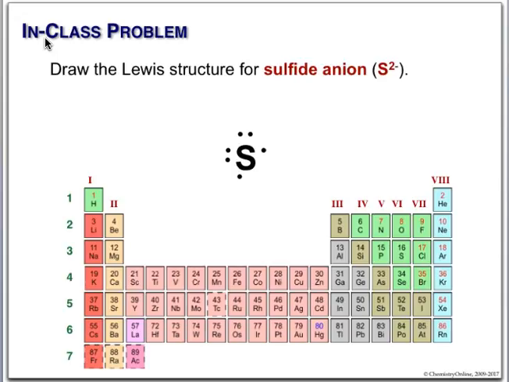Now to make the dianion, -2, we simply need to add 2 electrons, don't we? This is sulfide dianion, -2. And what we've done is gone from sulfur here to the same configuration again as argon. This is why they pick up 2 electrons. So they get over here to group 8.